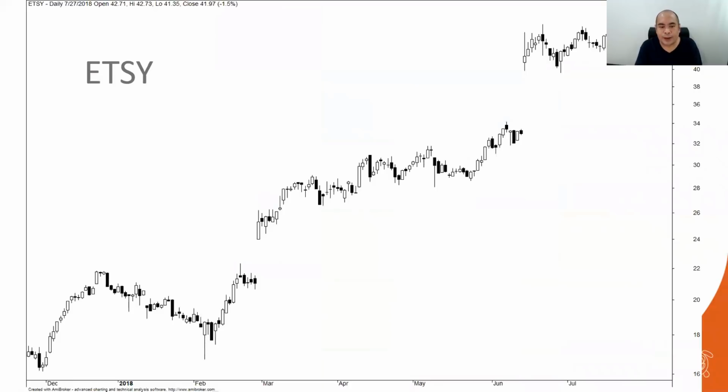So ETSY, basically what I'm showing you here is that at every stage, there were entry points that would have allowed you to catch that 94% return in ETSY had you been paying attention to this stock that was leading the leaderboard of NASDAQ and NYSE companies.